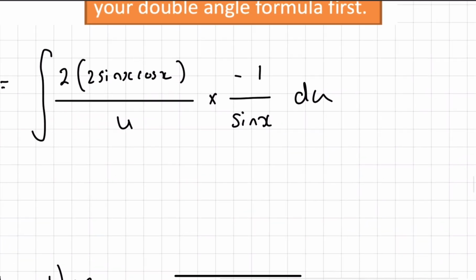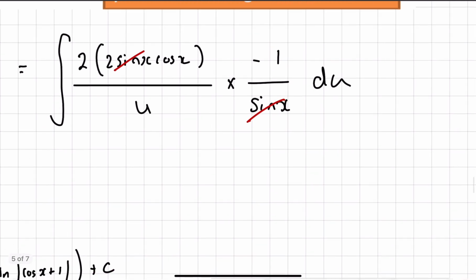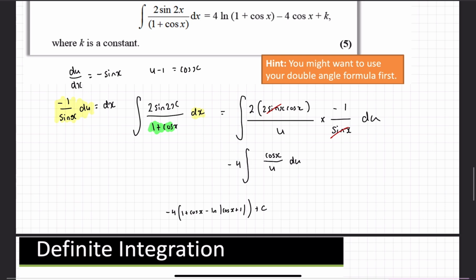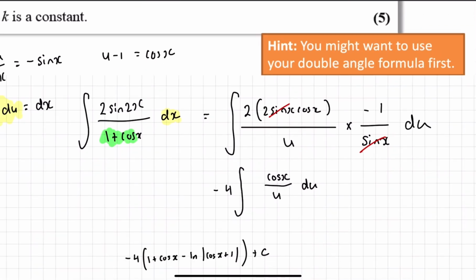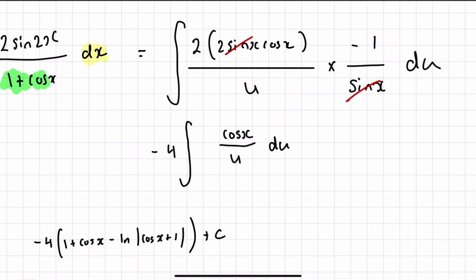Great. Okay, let's clean this up. Sine x cancels out there. Okay, and we've got 2 times 2 is 4. 4 times that. Okay, great. I can pull out the minus 4, and I'm left with cos x over u du. Great. Cos x is u minus 1, I can see that here.